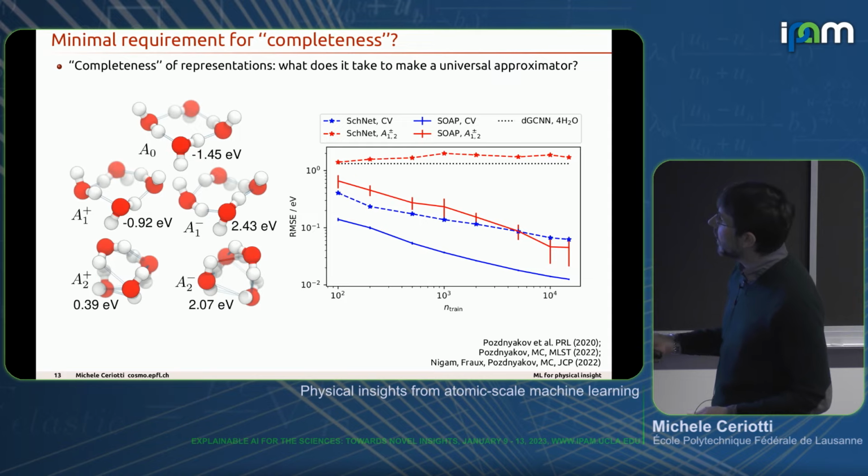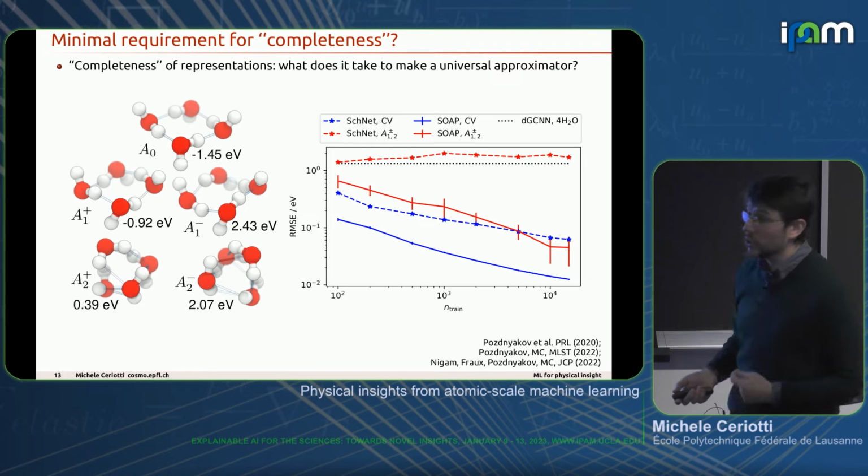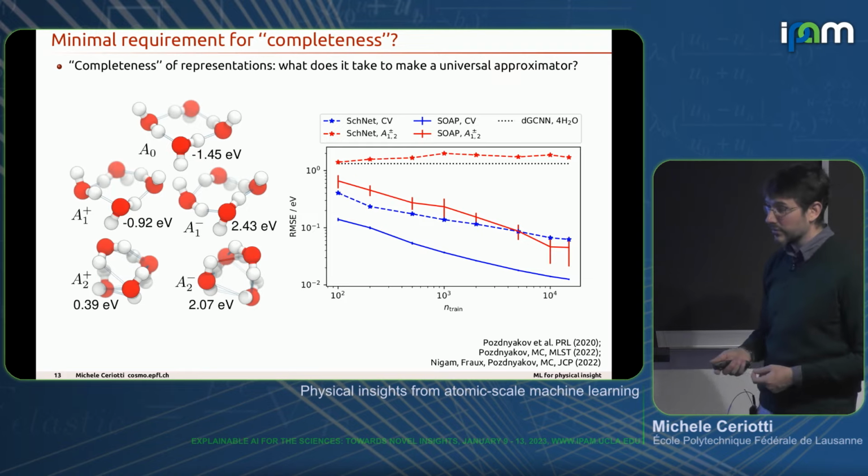And this means that you have structures that are different, have very different energy, but SNET or any distance-only graph neural network will not be able to predict that the energies are different.